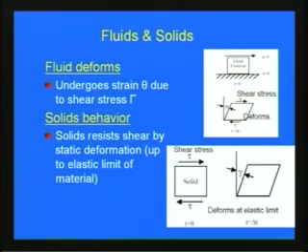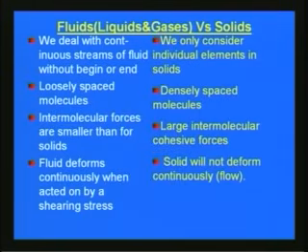As you can see in this slide, when a shear stress is applied on a solid element, it will not deform to a certain extent, and when it reaches the elastic limit, it starts to deform as in this figure. So, what are the major differences between fluids, including liquids and gases, and solids?